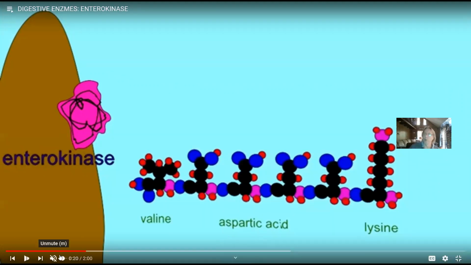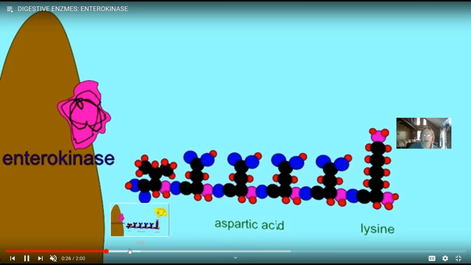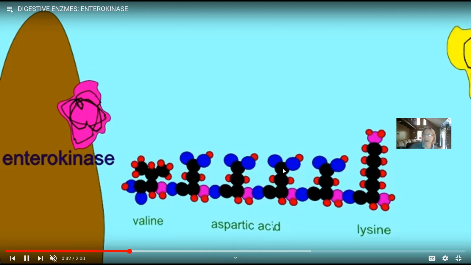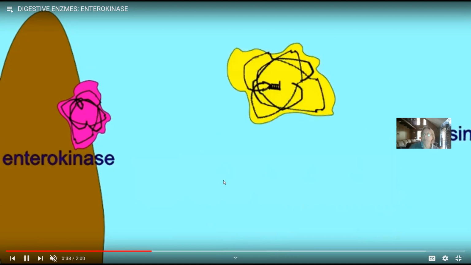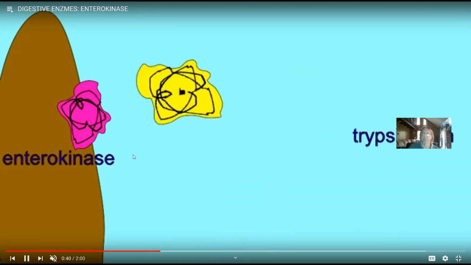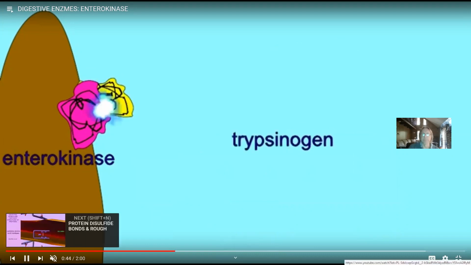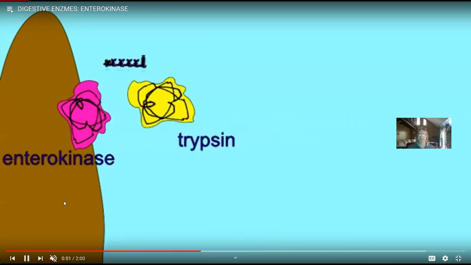So when you cut that off of, say, trypsinogen, it then becomes the active digestive enzyme trypsin. So once again, here we are regulating a gene. It wasn't done in the form of trypsinogen that was released by the pancreas. It's not until it gets to the small intestine and that section is cleaved off that it becomes trypsin. Okay. So there's obviously so much more, but this was meant to just be an introduction.